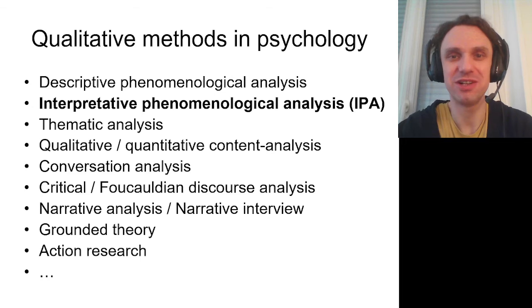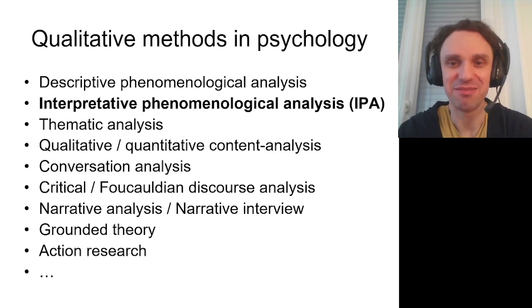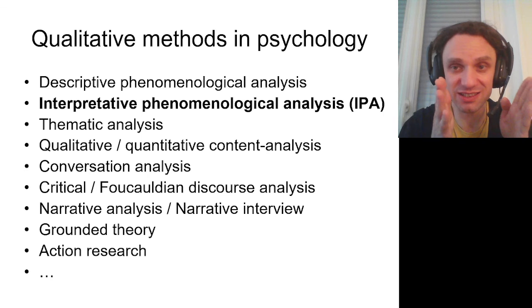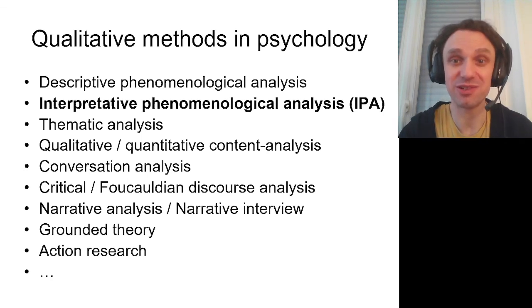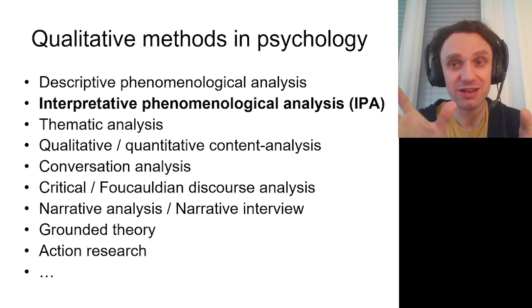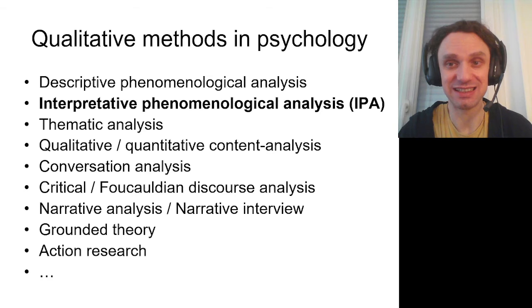Another method, which is probably more handy because it gives us some tools, some approaches to generalize over the material, is called interpretative phenomenological analysis. What is the difference? In descriptive phenomenological analysis, we just focus on describing. In interpretative phenomenological analysis, we want to understand, generalize and represent.